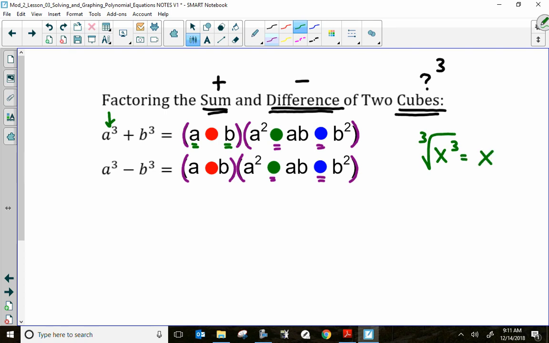The first term. I take the cubed root of this, and that's my A value. I take the cubed root of this, and that's my B value. And I write those there. I write them here. I take my A value and square it for here. I multiply A times B here, and so forth. I think it's pretty straightforward. And we'll do some examples.